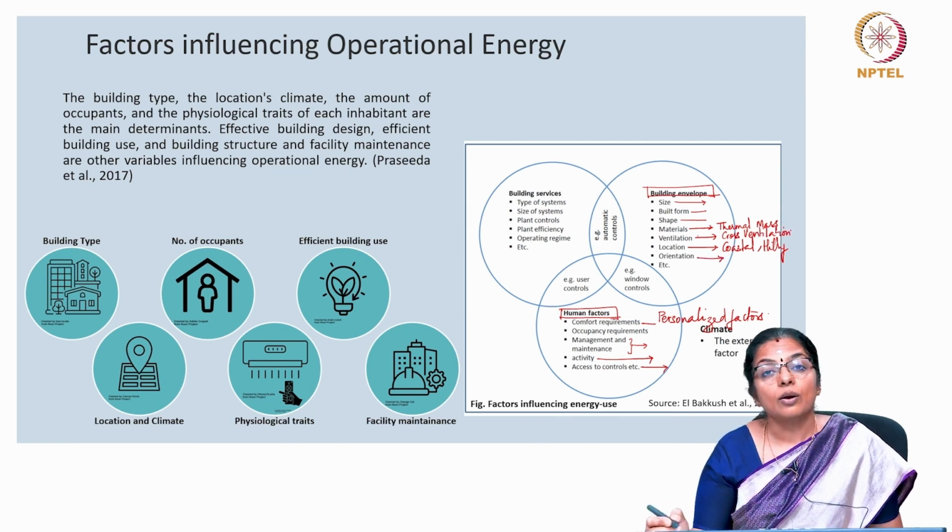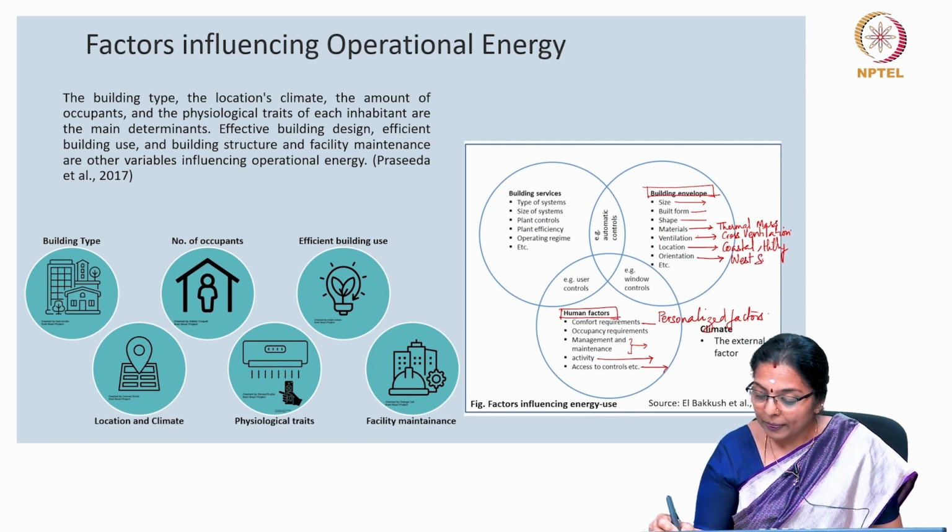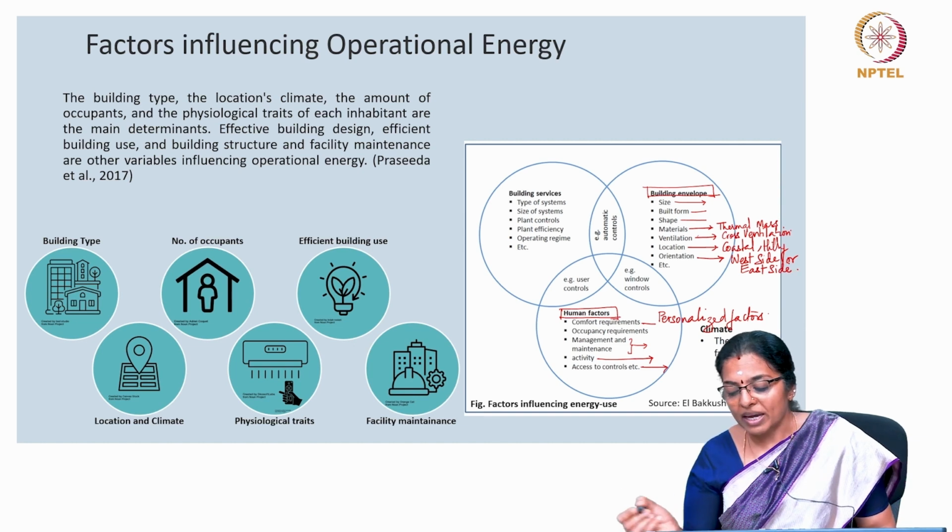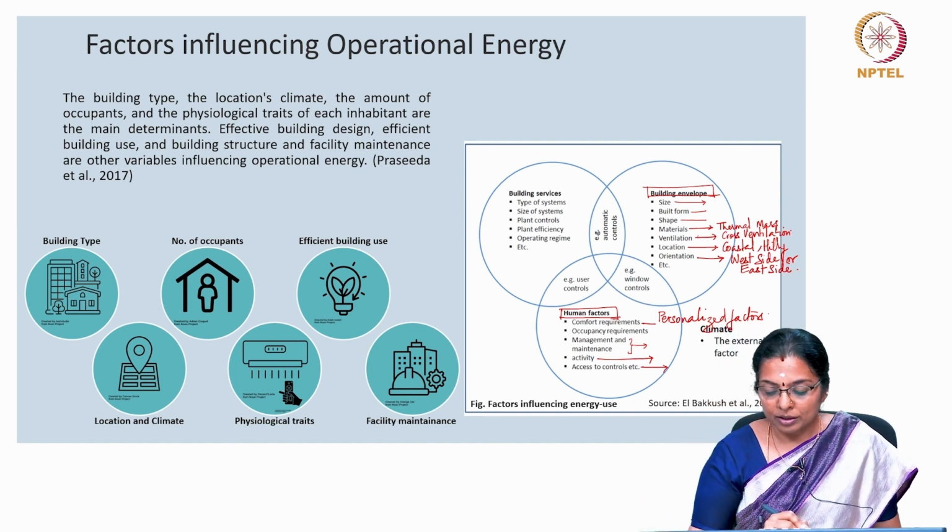Orientation, whether the room or the building is facing west side or say east side. We will look at these in greater detail in the rest of the classes. So, there are many such factors which influence.